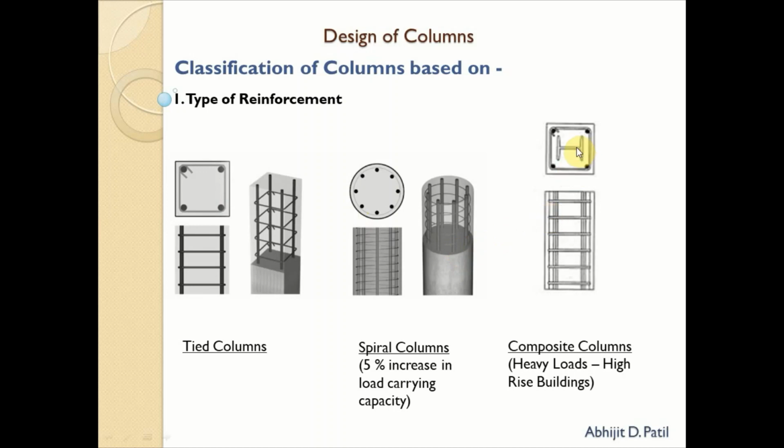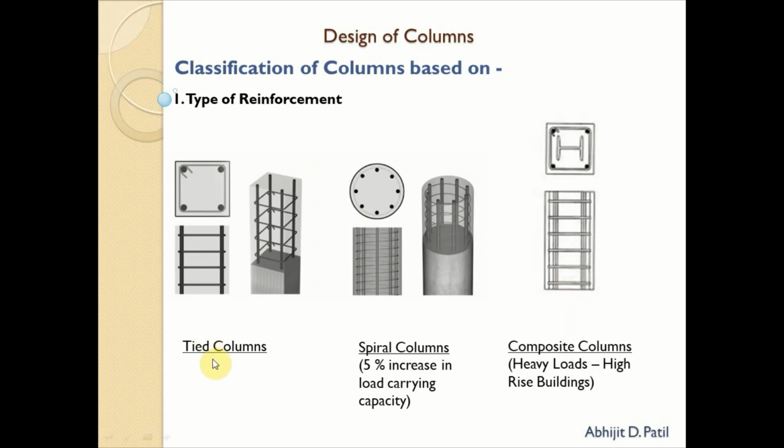And this is a composite column. You can see regular vertical bars are there, horizontal ties are there. In addition to that, you have a structural steel section, just like an I section. Where is it used? Wherever there is heavy load, particularly high-rise buildings. So there these composite columns are used.